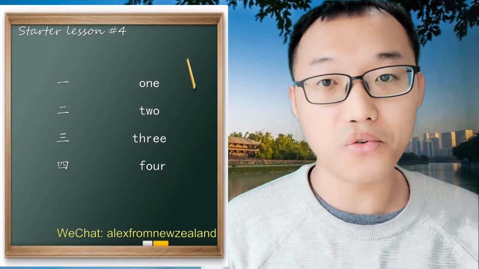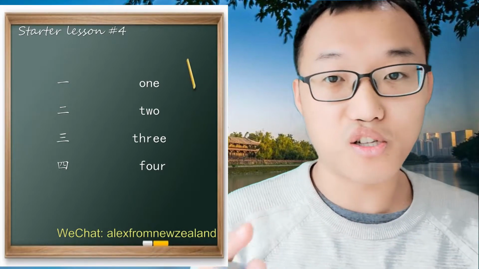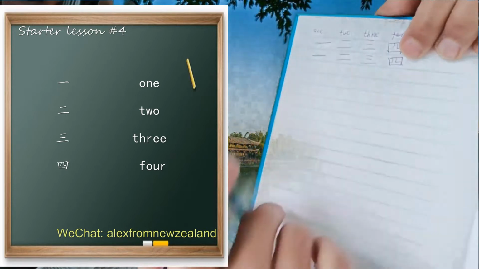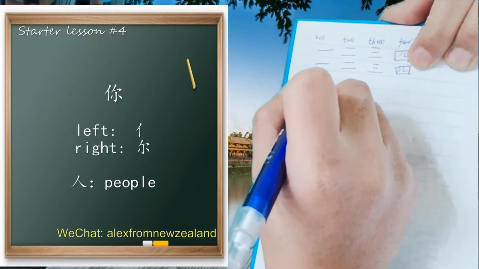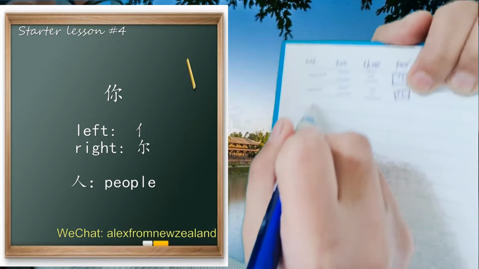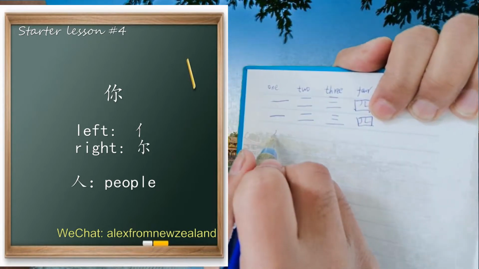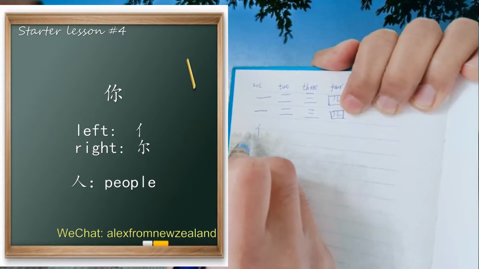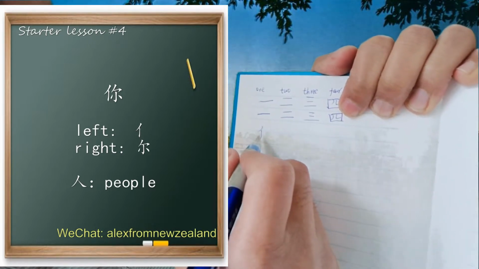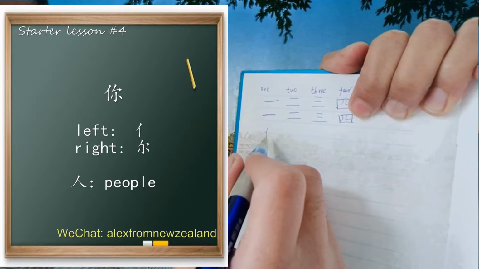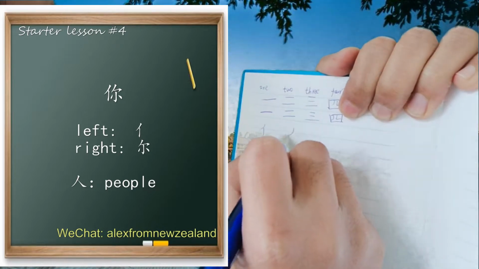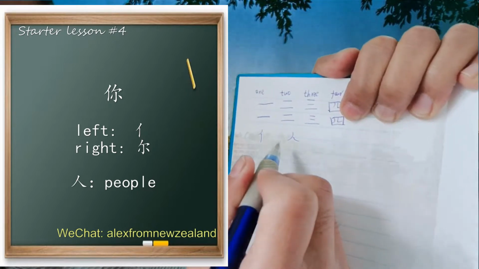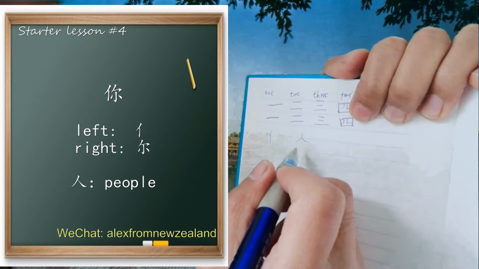你好, how are you? Okay. 你, let me tell you how to write 你. Okay, look. So, firstly, write this one. So, this component on the left, in Chinese it's called 人字旁. 人, this character is 人. 人 means person, people, human beings.